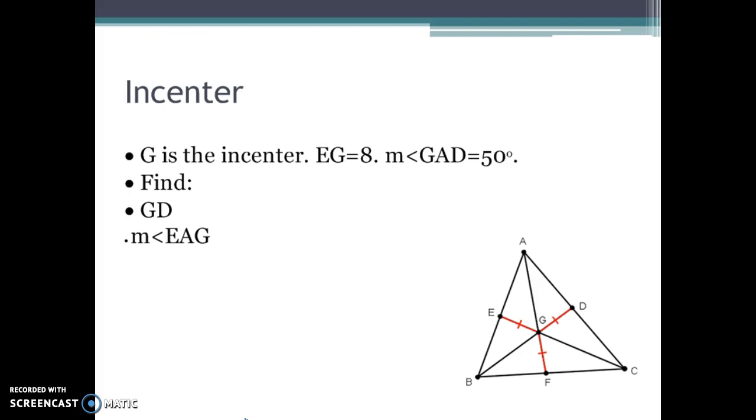All right, then we have the incenter, and the incenter is where the angle bisectors intersect. What's special about that is that it's the same distance from all of the sides of the triangle. Okay, so it tells us here that G is the incenter, and it says EG is 8. So this part's 8.